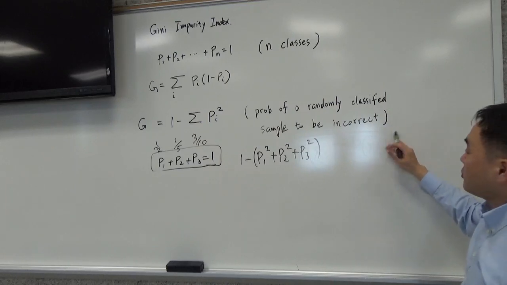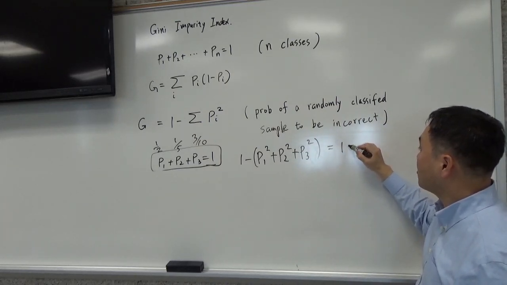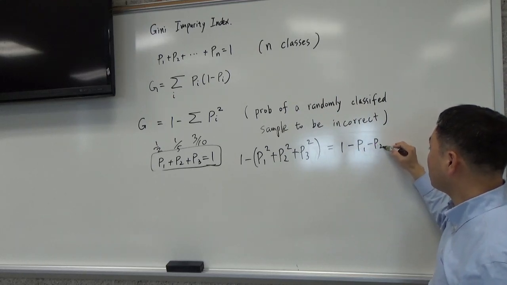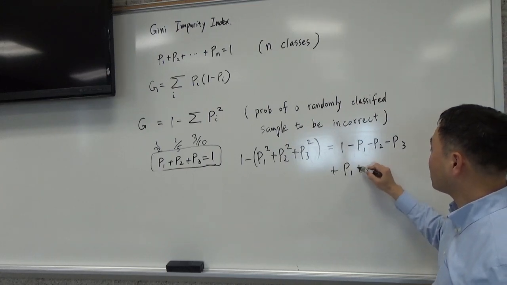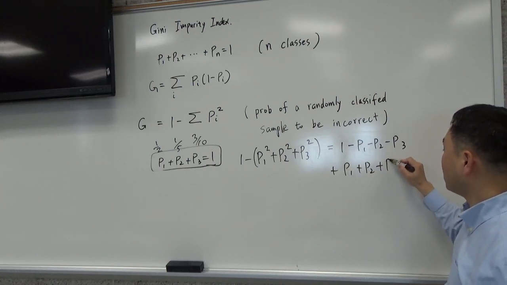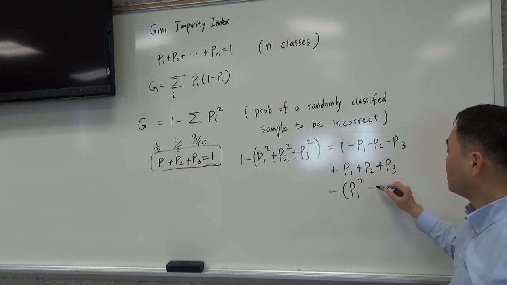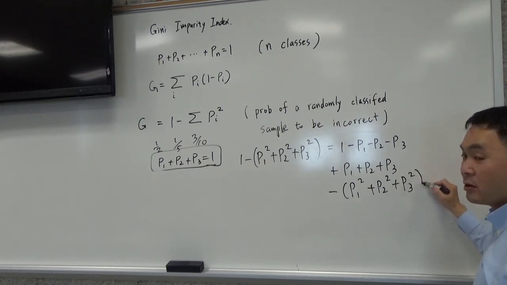What you want to do is 1 minus p1 minus p2 minus p3 plus p1 plus p2 plus p3 minus p1 squared plus p2 squared plus p3 squared.